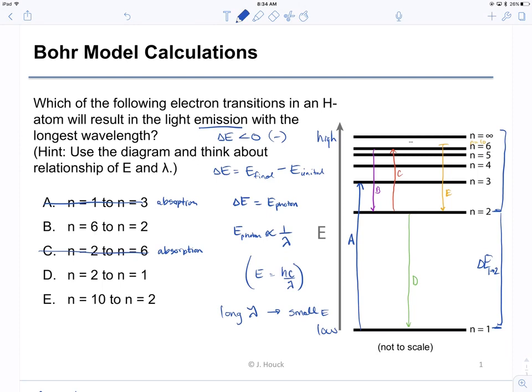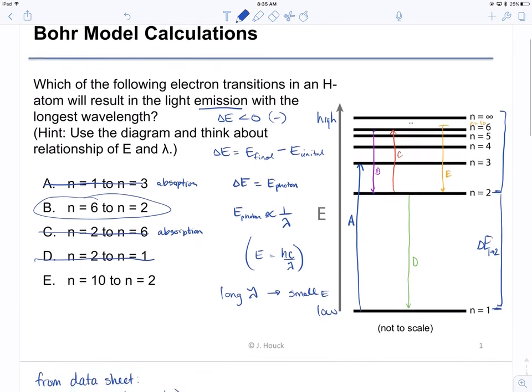So that rules out D. 2 to 1 is going to be larger energy than any other transition there. So then we look at 6 to 2 for B, or 10 to 2. And 6 to 2 is going to be a smaller energy, and so that would be resulting in the longer wavelength. So that's how we can qualitatively arrive at this conclusion.